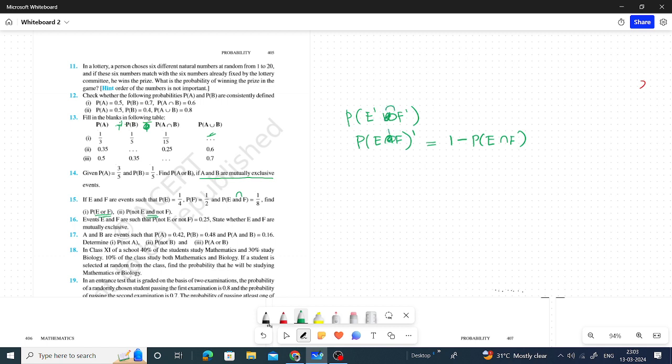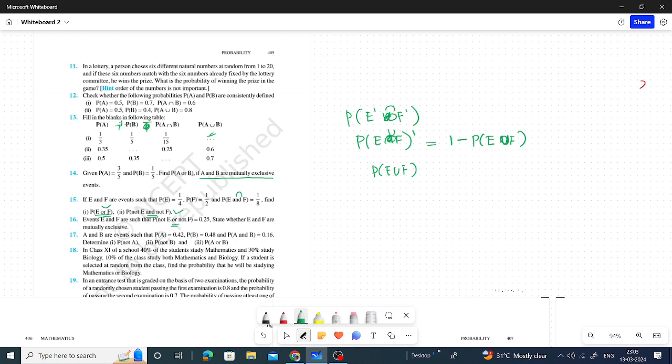So here it becomes union. So in the first step you will get probability of E union F, and that quantity you subtract, then you will get this. Actually it is 'and'. I am confused with this question.